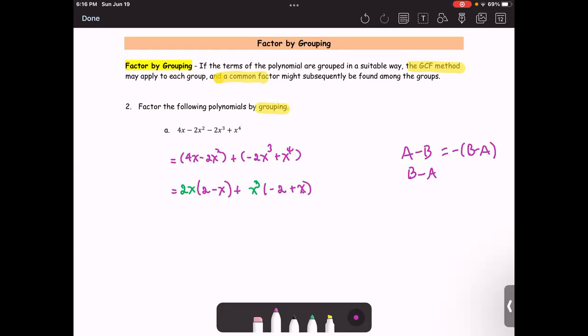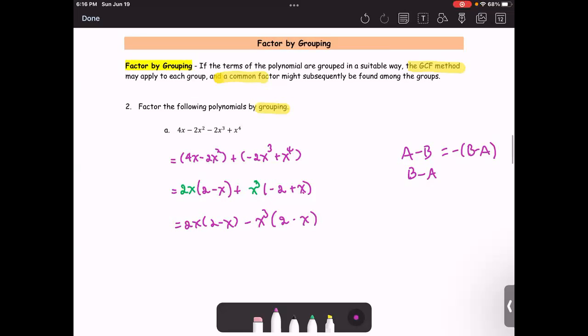So in this way, we just rewrite it in the form that we are looking for. For the next step, we get the first part the same, and then factor the negative sign out of the second term. The parentheses will be 2 minus x, because the sign becomes opposite.